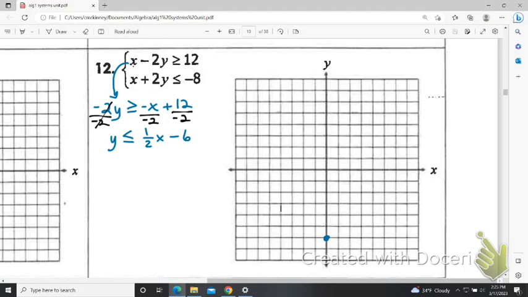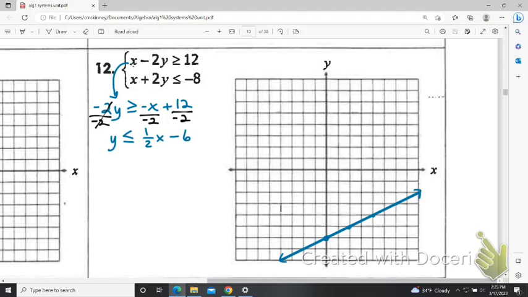And I need to go up 1 and over 2, up 1 and over 2. In this case, this is a solid line. We know that because we have the or equal line, so this one is solid.